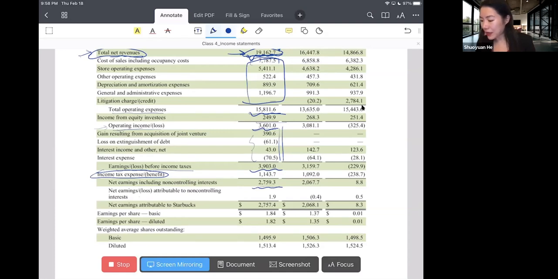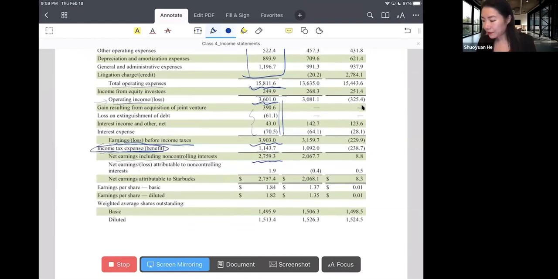And then the next one is net earnings, including non-controlling interest. This number is basically you take earnings before income tax, and then you take out income tax expense. That will give you net earnings, including non-controlling interest. And then the last number is net earnings attributable to Starbucks.